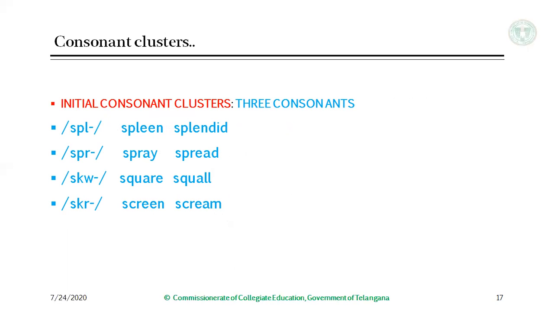Now, initial consonant clusters with three consonant sounds. For example, sa, pa, la: spleen, splendid. Here, the cluster is formed with the consonant sounds sa, pa, and la.